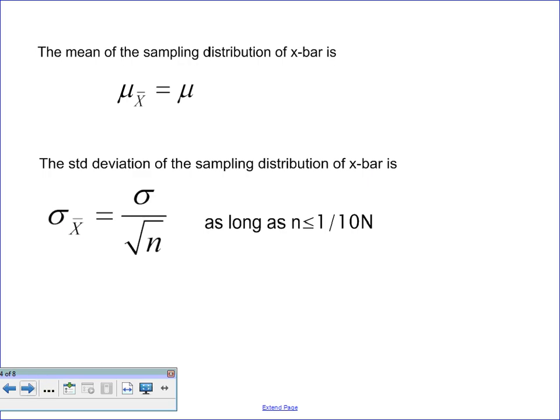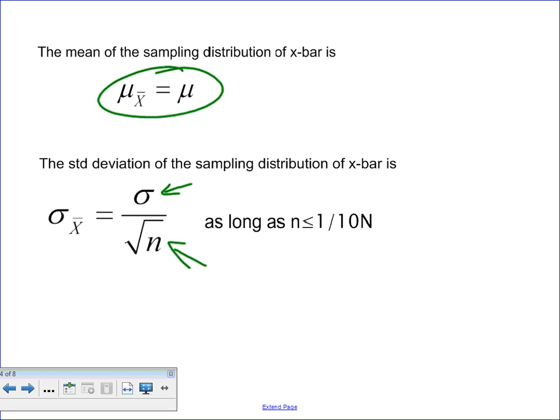Generally, this is fairly simple. The center of the sampling distribution of x bar is mu. So mu x bar equals mu. The standard deviation of x bar is the standard deviation of the population divided by the square root of the sample size.